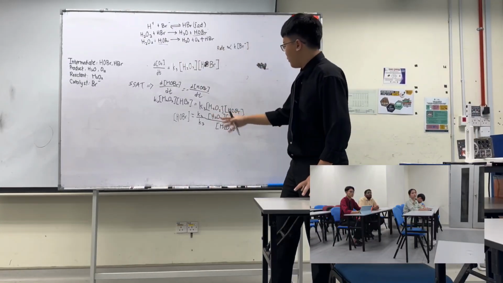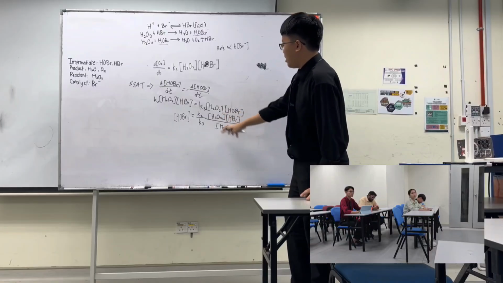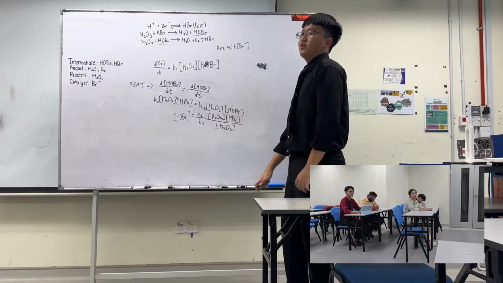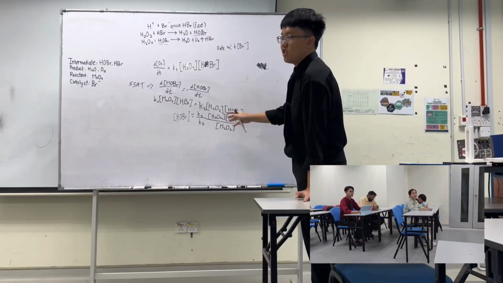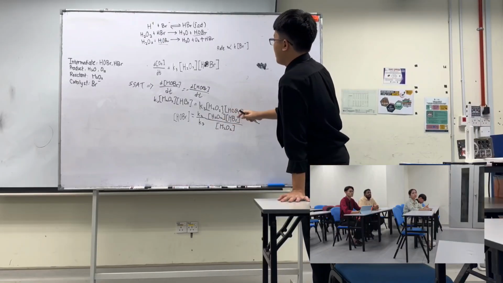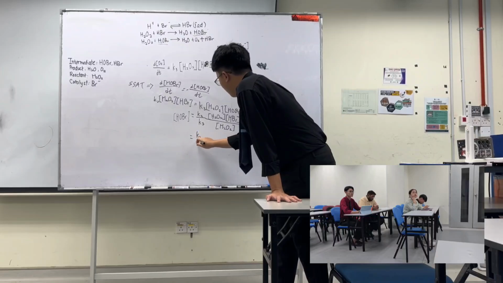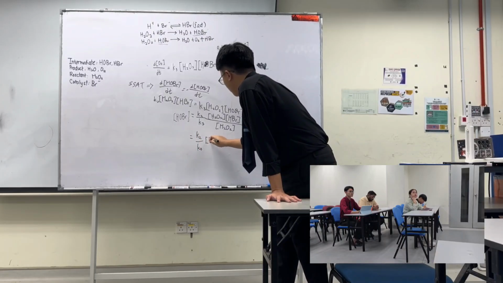So when we continue with the step, we notice that H2O2 appears in the denominator and the numerator side. That means we can cancel each other out. So the answer will become K2 over K3 and then HBr.